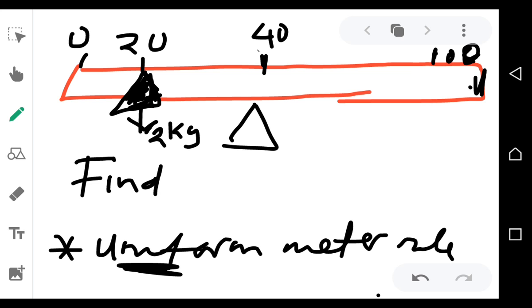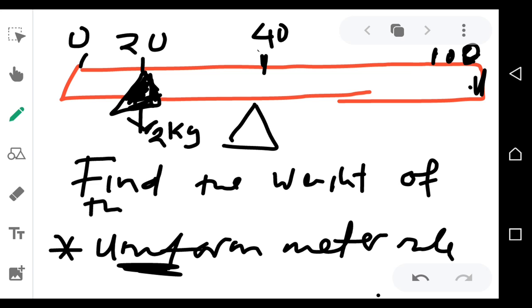And then I tell you, find the weight of the meter rule. We're trying to find the weight of this meter rule, the one that is in red.